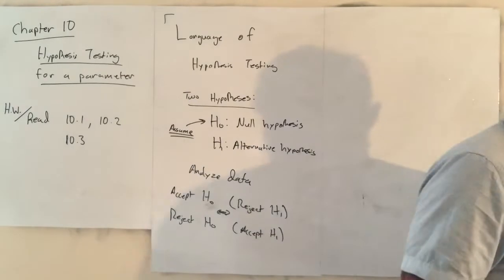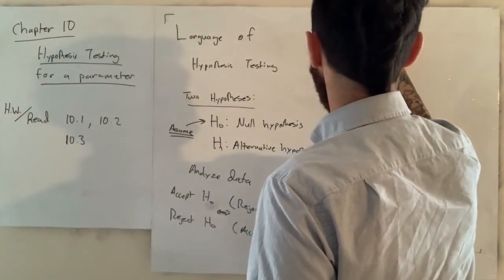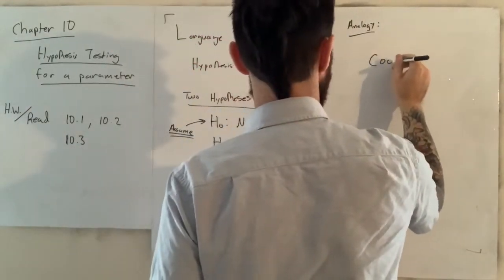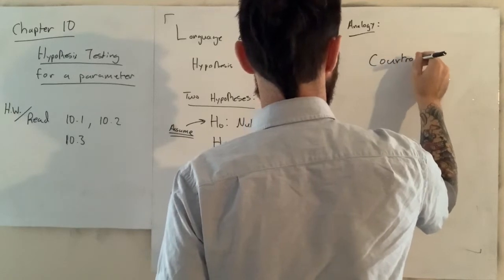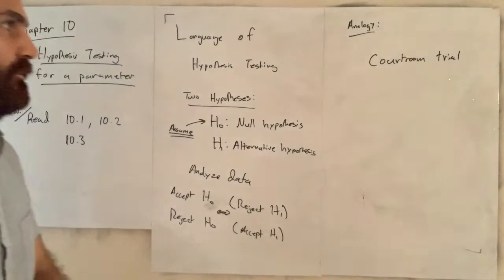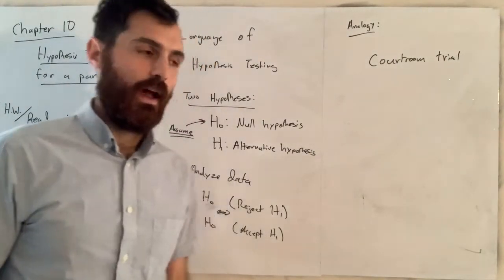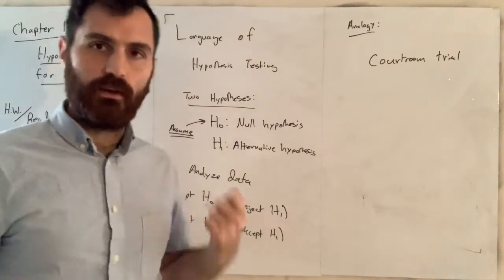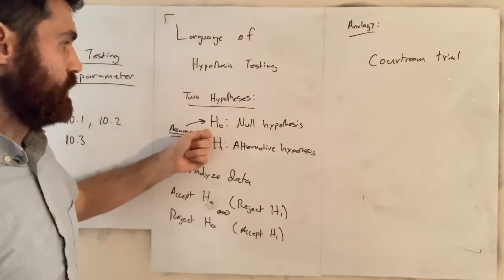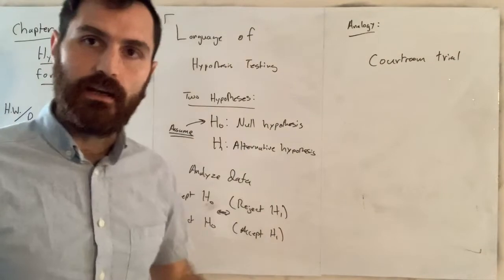An analogy you want to think of is the courtroom trial. We're all used to the maxim that says you're innocent until proven guilty. So what's going on there is the null hypothesis is that a person is innocent.